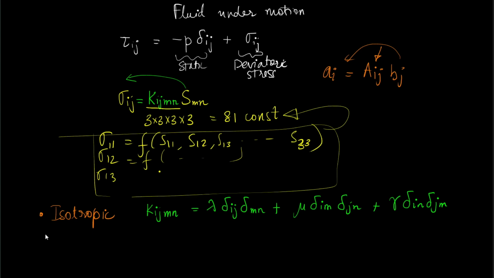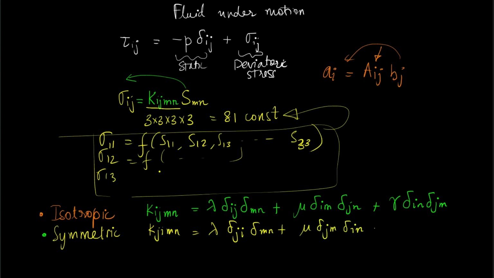Now the requirement of the tensor being symmetric means you can swap i and j and still obtain the same result. So ij should be swappable. So if it is swappable, it means that Kjimn will be lambda delta ji delta mn plus mu delta jm delta in plus gamma delta jn delta im.